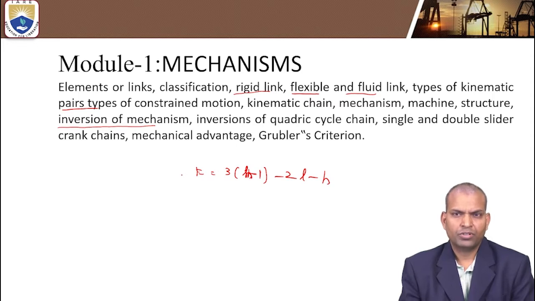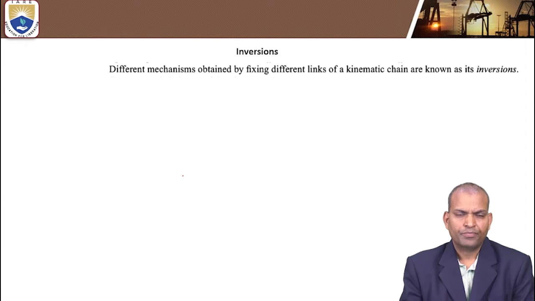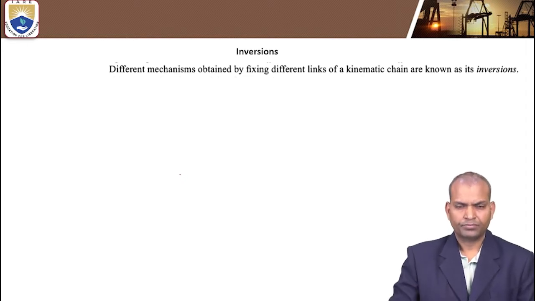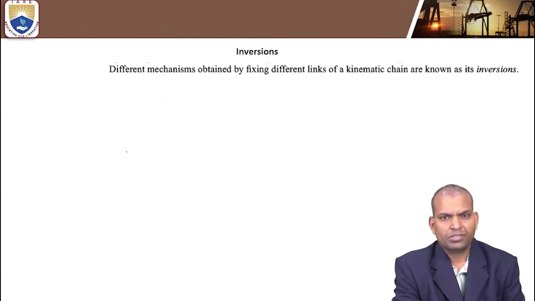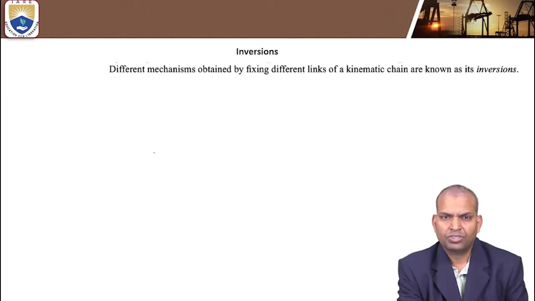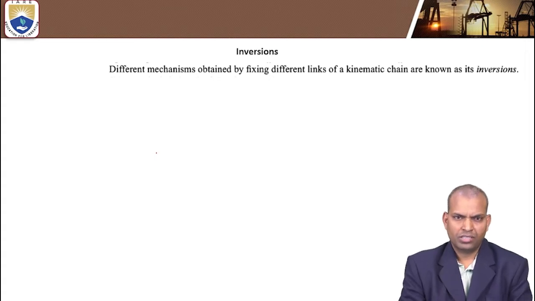Now in this session we are going to study again what are the inversions of 4-bar chain linkage. So what is inversion? The definition of inversion is: different mechanisms are obtained by fixing different links of a kinematic chain, known as its inversions.